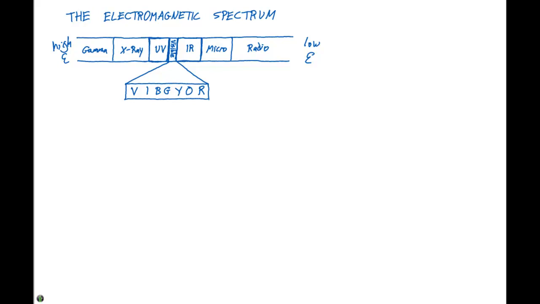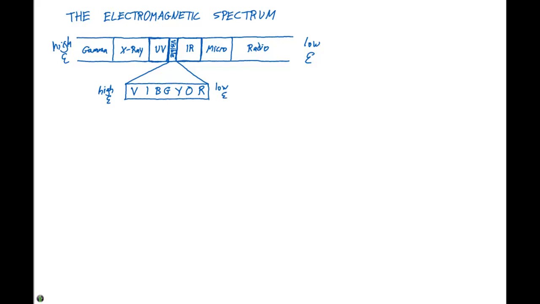Remember that ultraviolet rays from the sun are fairly potent because they're higher energy. Infrared waves don't have as high of energy. So over here on the left-hand side, you have the high energy radiation and the low energy radiation.